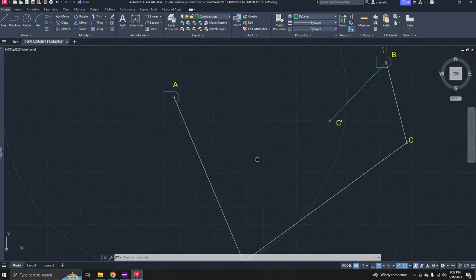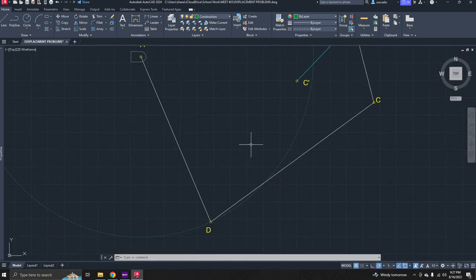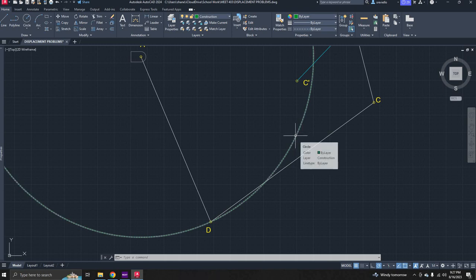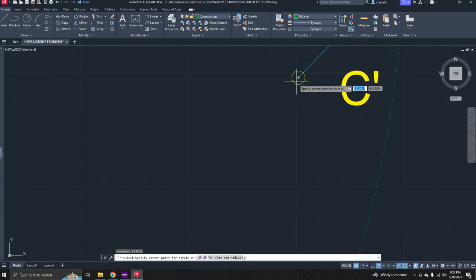So the next thing we need to do is draw another arc, because this arc doesn't help us, right? We know it's located somewhere on this arc, but not exactly where on this arc. So now we need to make another arc representing the length CD. This arc is going to start at our point C prime.